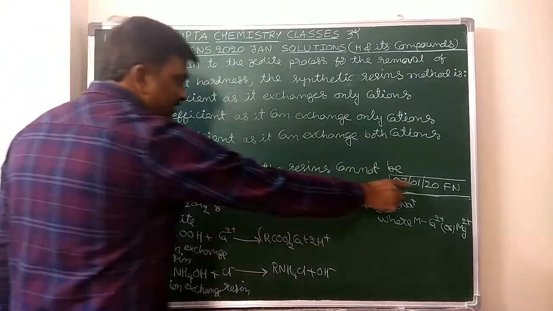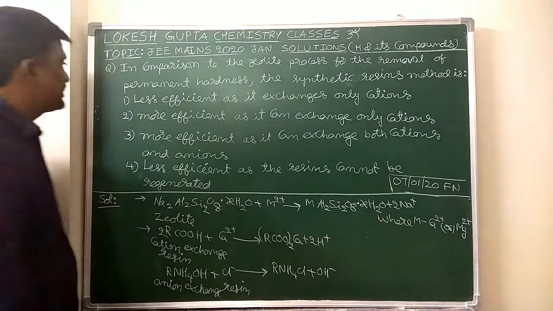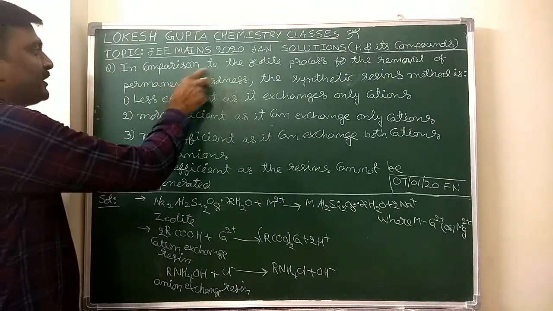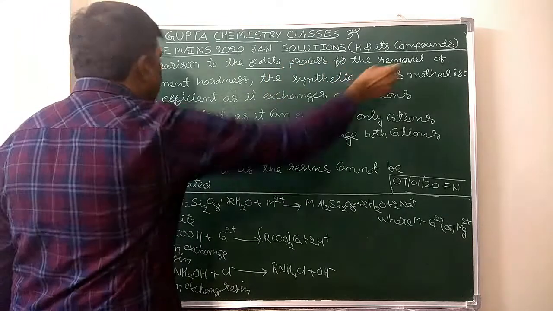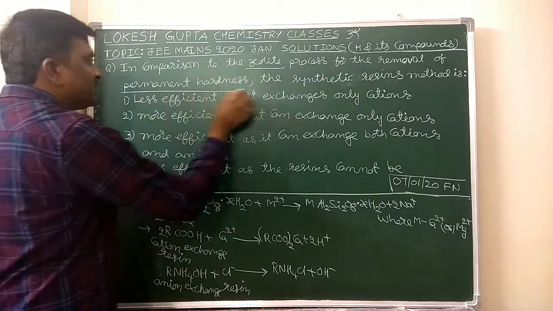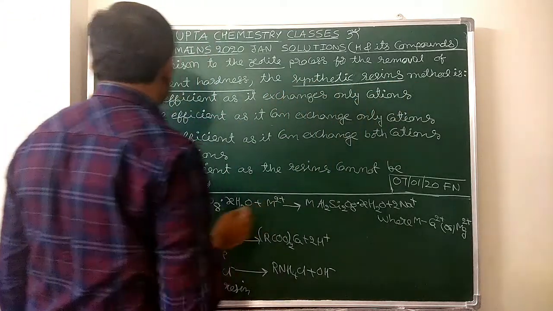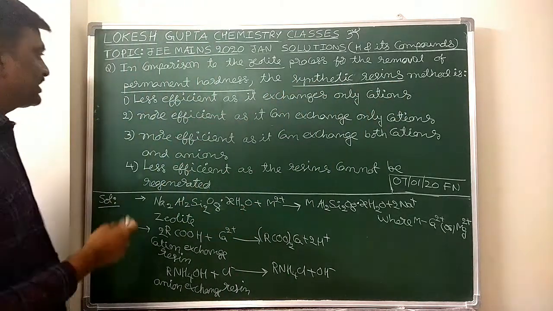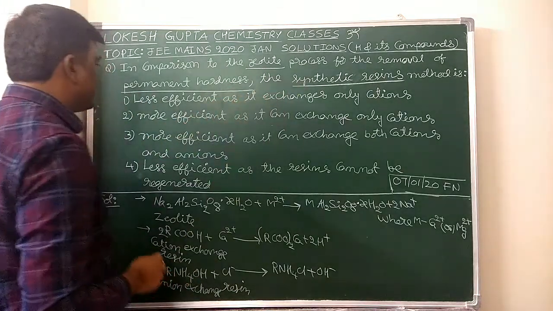It was given on 7th January forenoon. Now the question is, in comparison to the zeolite process, for the removal of permanent hardness, the synthetic resins method is: first option, less efficient as it exchanges only cation.